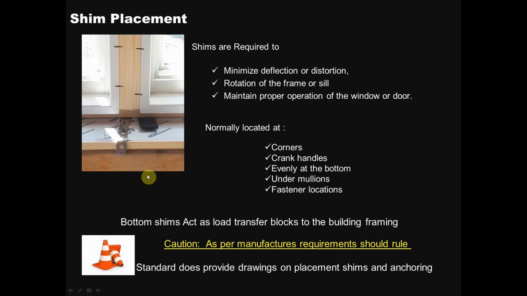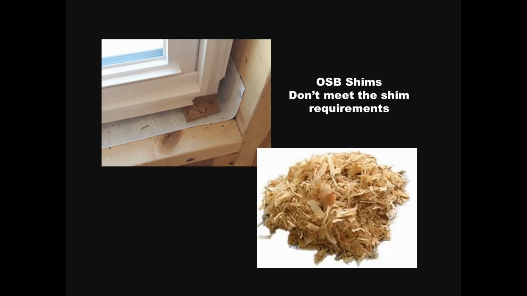So if you don't see any shims in there, you may want to ask the guys. Now, the other thing is OSB shims, we see a lot of this. The OSB is used for shims. That doesn't meet the requirements, because basically all that is glue and sawdust, which will absorb any moisture, water.